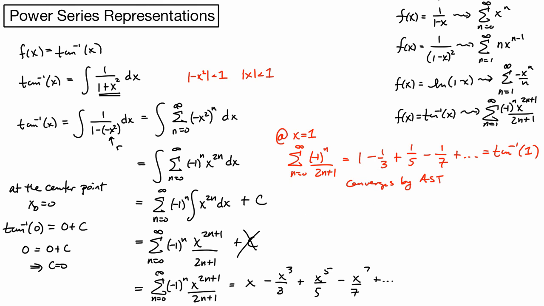So what we've just amazingly found here is that I can write pi/4 as this alternating sum, because I'm using the function arctangent and its power series representation to give us a representation now of pi/4.